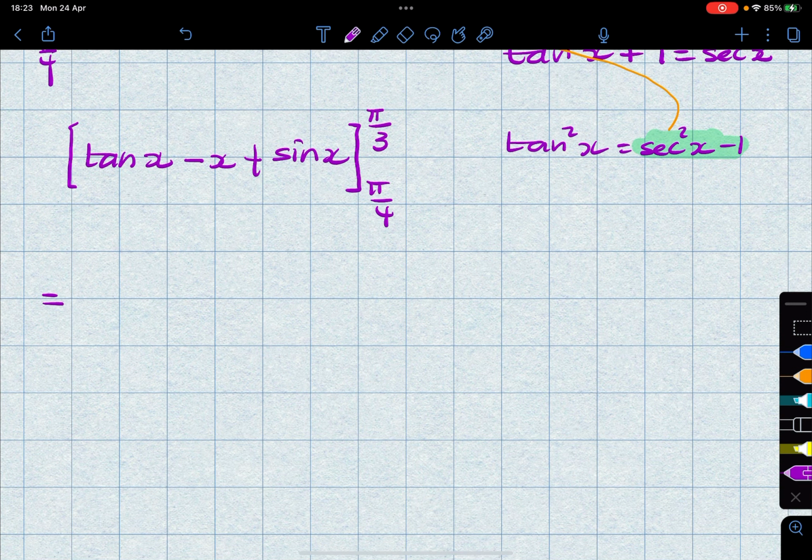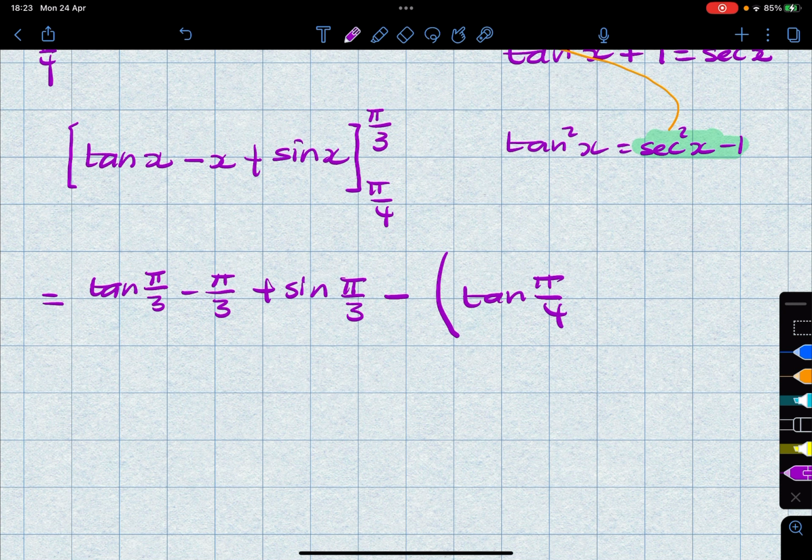And then you substitute your limits. You substitute the upper limit first. So it's tan pi over 3 minus pi over 3 plus sine pi over 3 minus, big brackets, tan pi over 4 minus pi over 4 plus sine pi over 4.